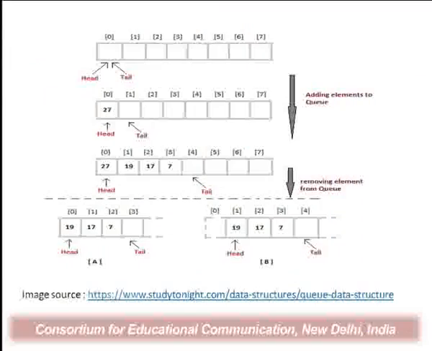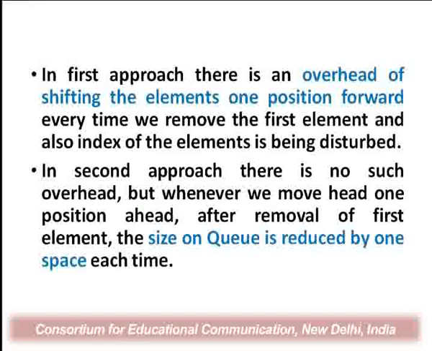So considering the second approach, in which we are not shifting the elements into the forward direction, we are just updating the head pointer. So in the first approach, in which all elements are shifted by one position, what is the problem?